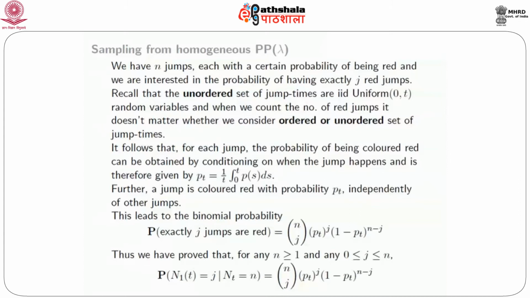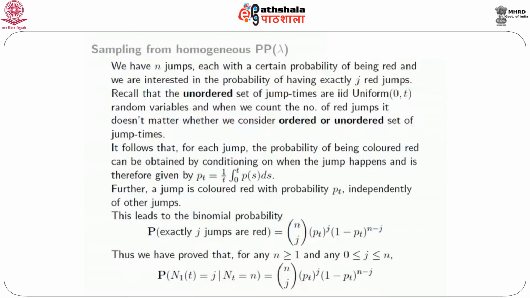The unordered set of jumps have IID uniform distributions, so the probability of a jump being colored red is given by the average of ps, the integral of ps from 0 to t with respect to the density of the uniform distribution on 0 to t, and that's exactly what it is. Further, a jump is colored red with probability p sub t independently of the other jumps.